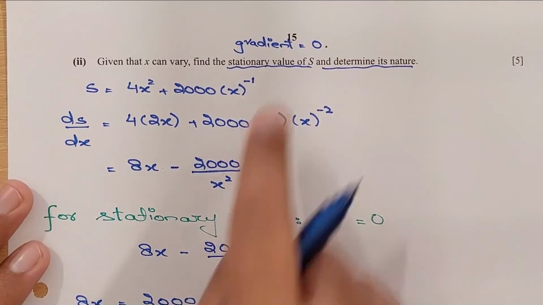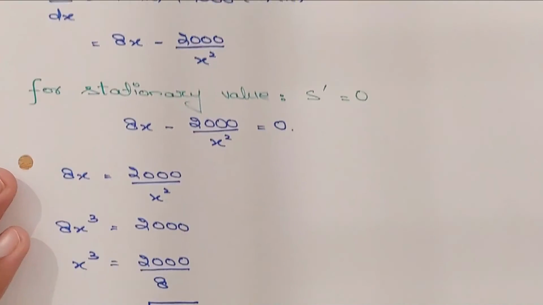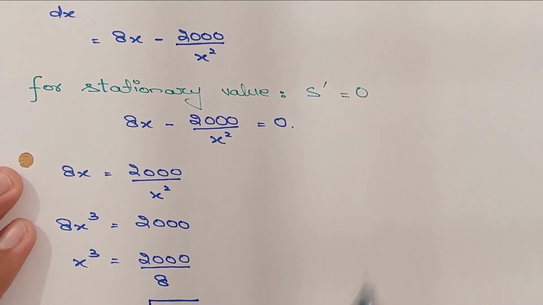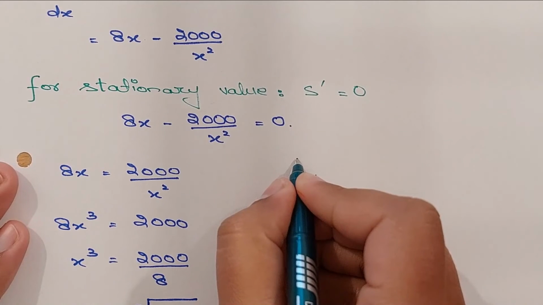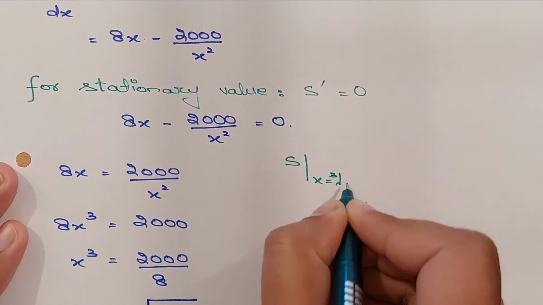Now we have to find the stationary value of S. So we have to put this x value into S, and we can find the stationary value of S. So the stationary value of S equals S at x equals cube root of 250.